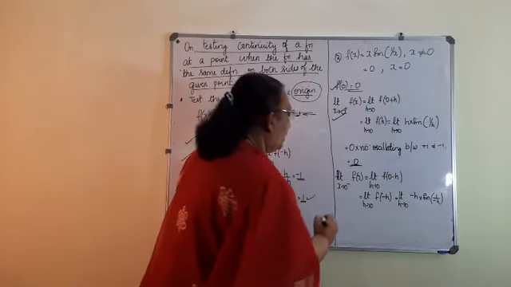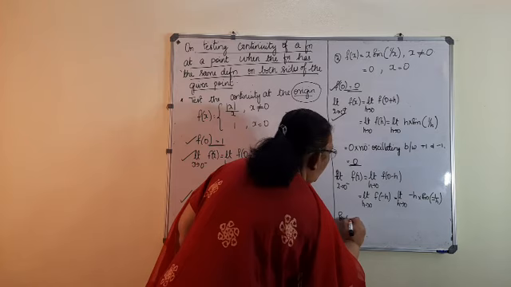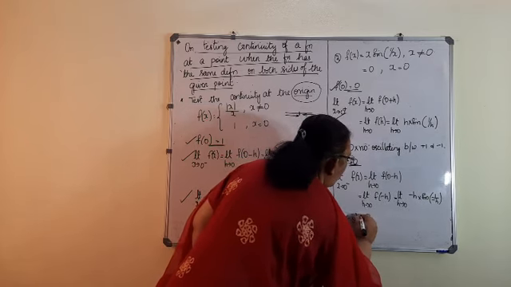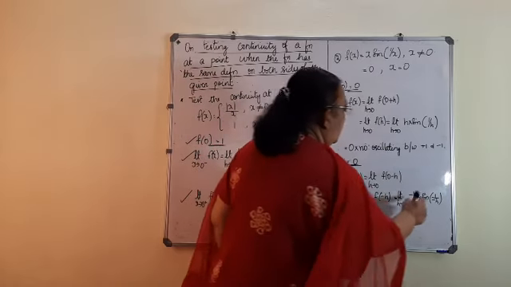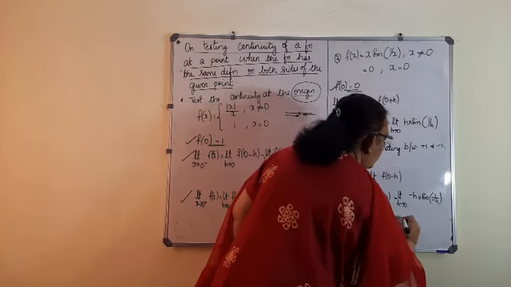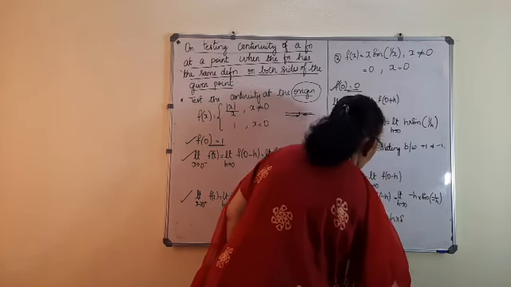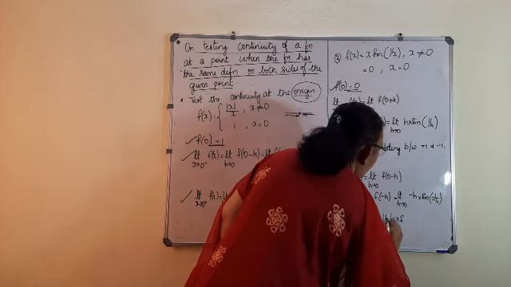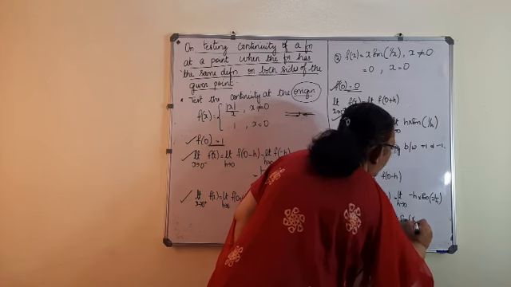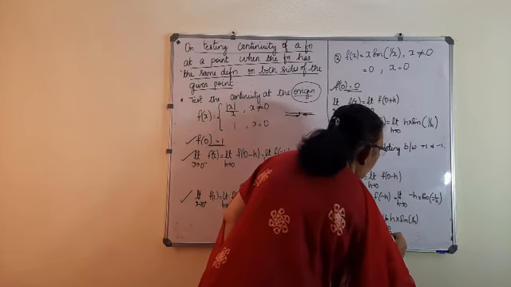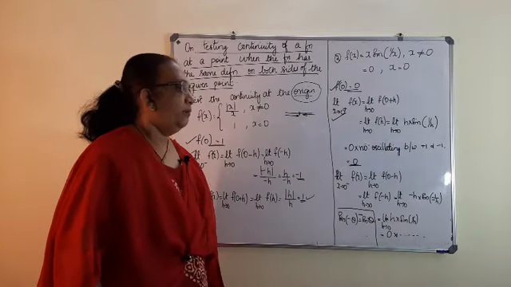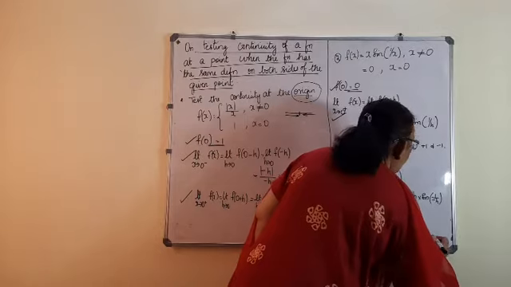But what is sine of minus theta? Sine of minus theta is equal to minus sine theta. So this minus and minus becomes plus. So again it is limit h tending to 0 of h into sine of 1 by h, and that is equal to 0 into an oscillating number between plus 1 and minus 1. So the answer is equal to 0.